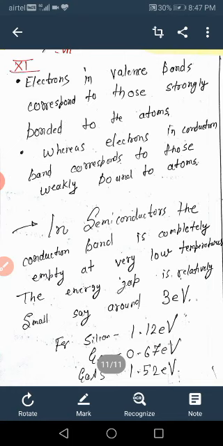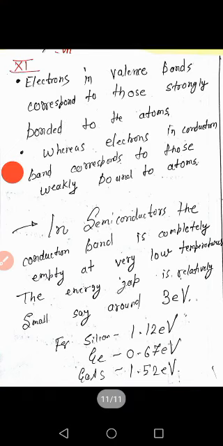And the electrons in the valence band are those electrons which are strongly bound to the atoms. So this is related to the electrons of the valence band and conduction band.